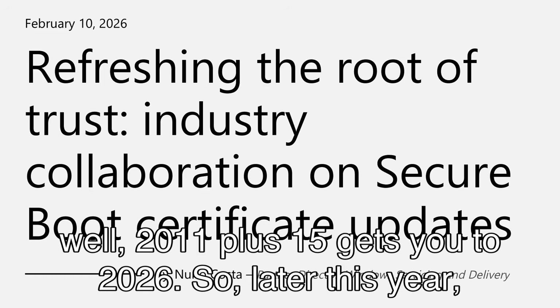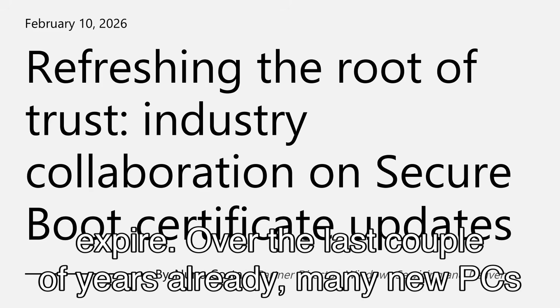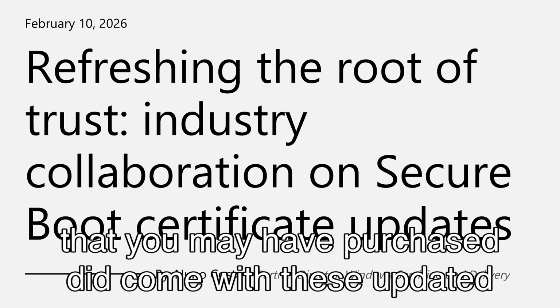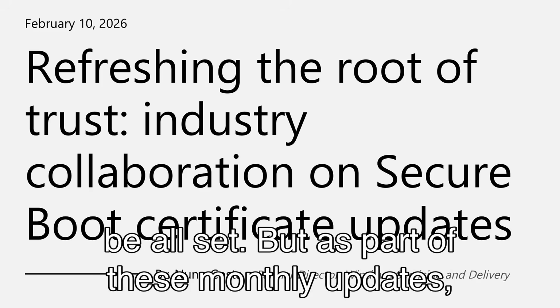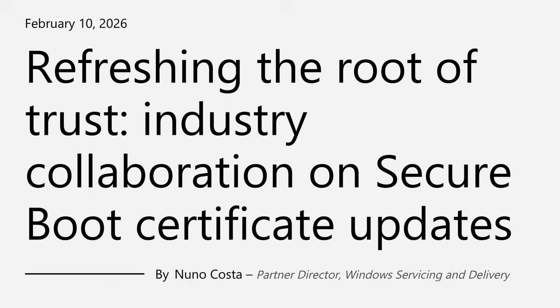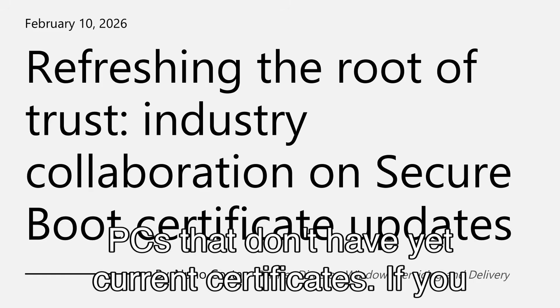So later this year, these root certificate authorities are going to expire. Over the last couple of years already, many new PCs that you may have purchased did come with these updated certificate authority certificates. So they should be all set. But as part of these monthly updates, Microsoft is now pushing out these certificates to any older PCs that don't have current certificates yet.